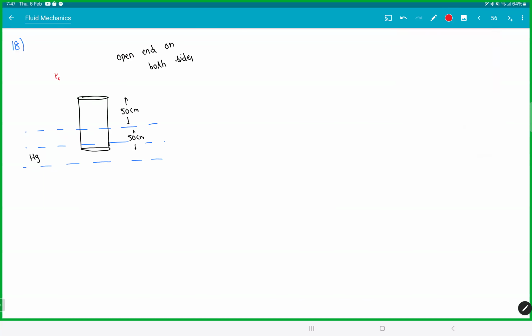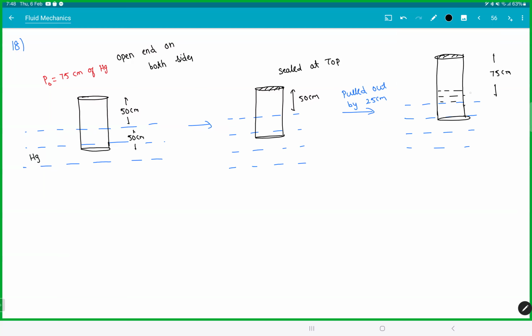Then what you did, you pulled it out by 25 centimeters. In this process, something happened and the liquid level actually went up for some reason.